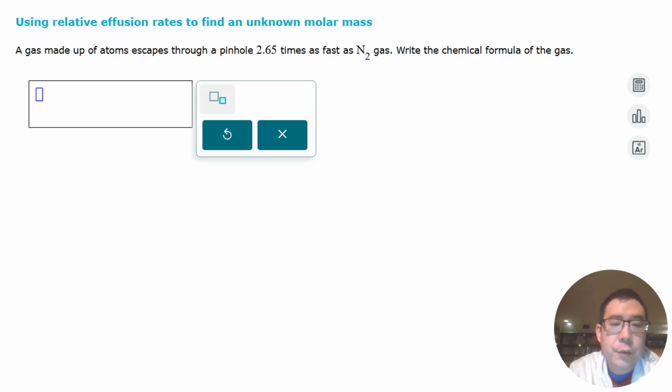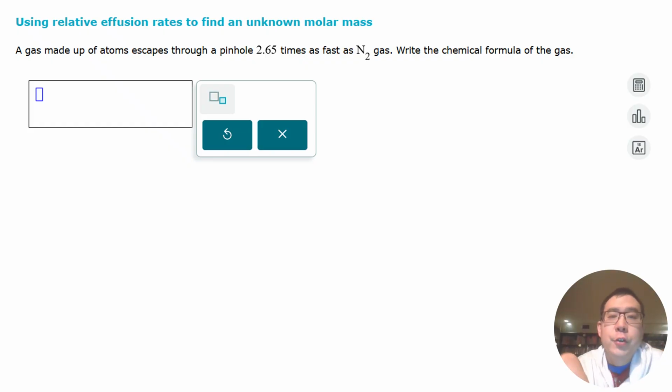Okay, in this slide, we're going to continue to think about speed, the speed of molecules, but we're going to introduce a couple of terms. One of them is effusion, and the other is a related word called diffusion.